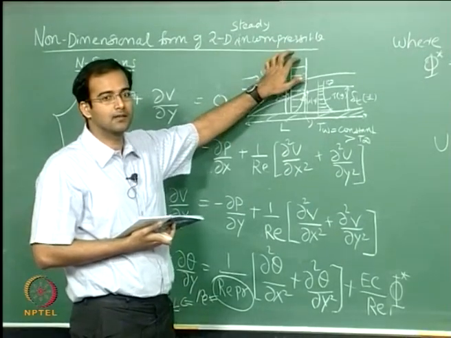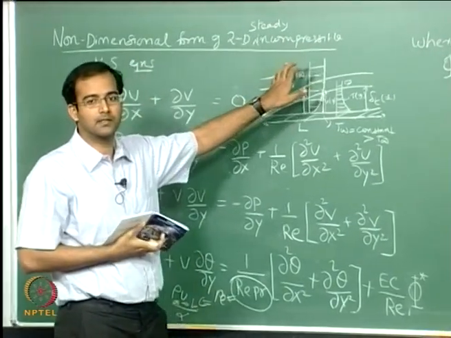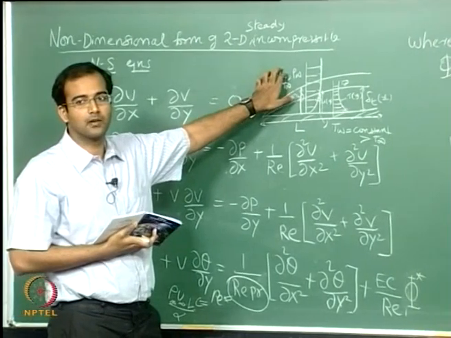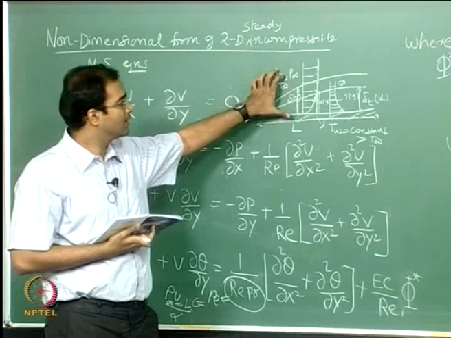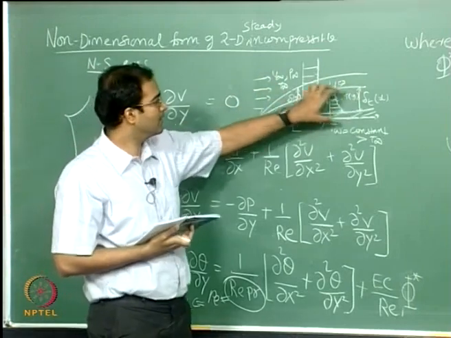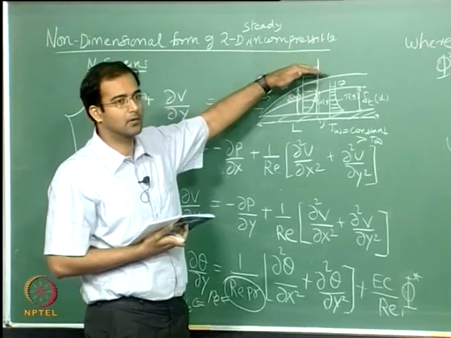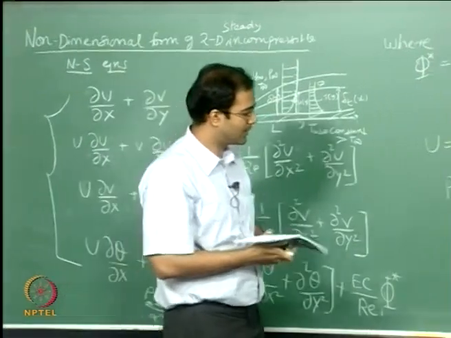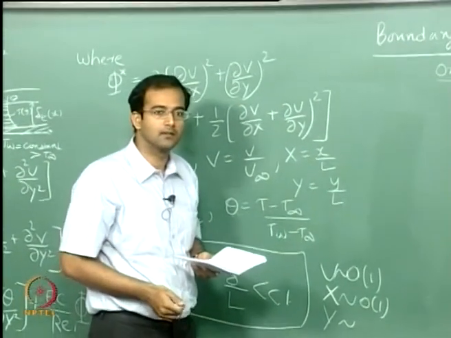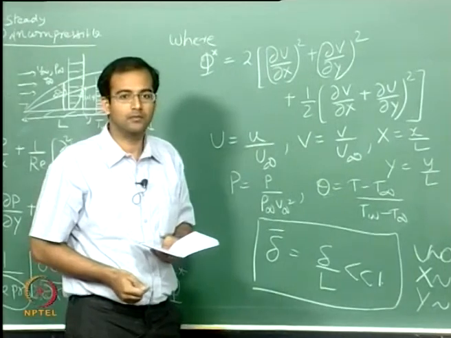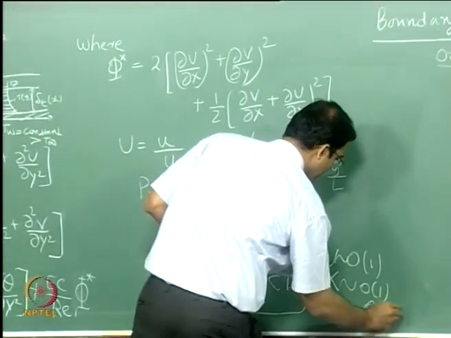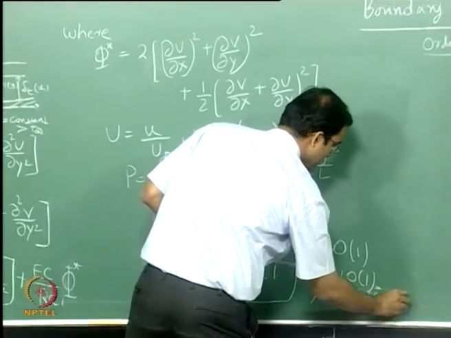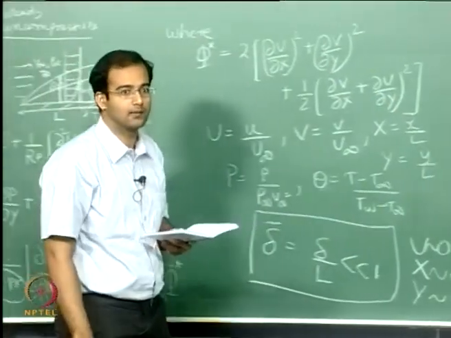Outside the boundary layer you can treat this as an inviscid potential flow, so you do not have to solve the full Navier-Stokes equation. Therefore I will confine my domain to the extent of the boundary layer. So my y extent should be of the order of delta bar, which is of course much less than 1.